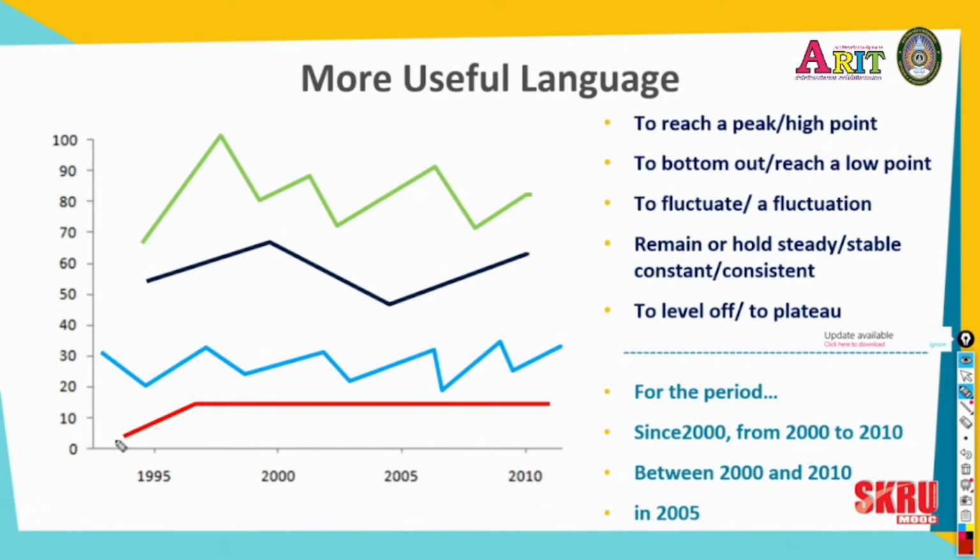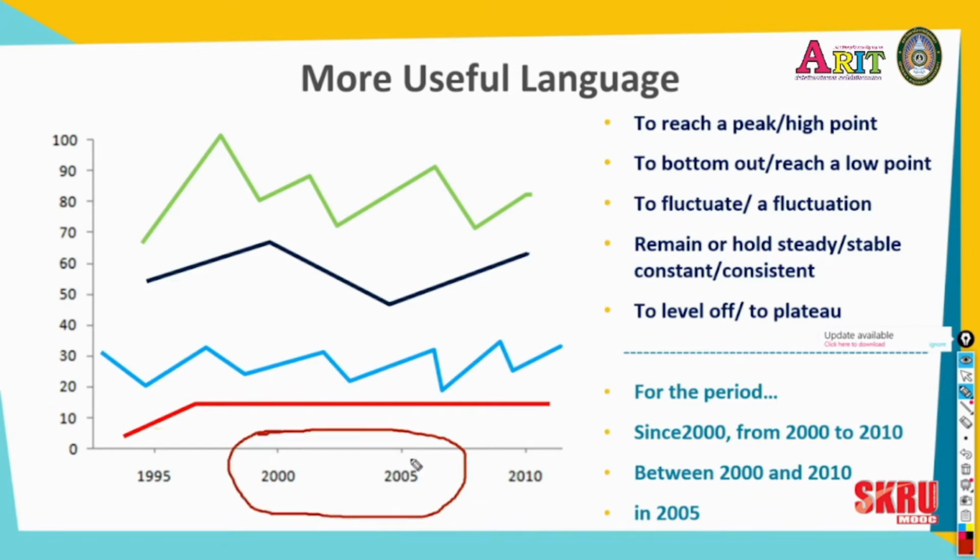And that shows a change from rising or falling onto a flat area. The other important language for line graphs, they're often used to describe data over time. So one of the axes will often be a time period.